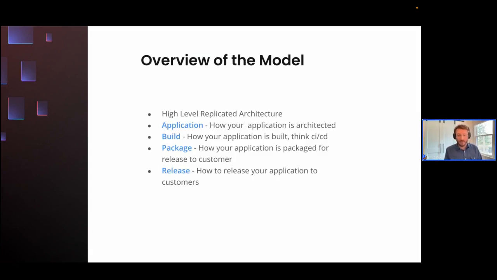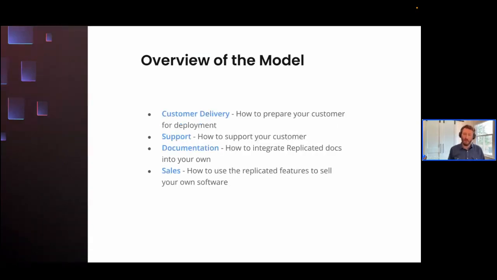When you have determined that your application and package are in a state that you want to release to your customers, what are the decisions and architecture that apply there? And then when a customer actually is going to take delivery for the first time of your software, what are some of the decisions you need to think about from that standpoint?